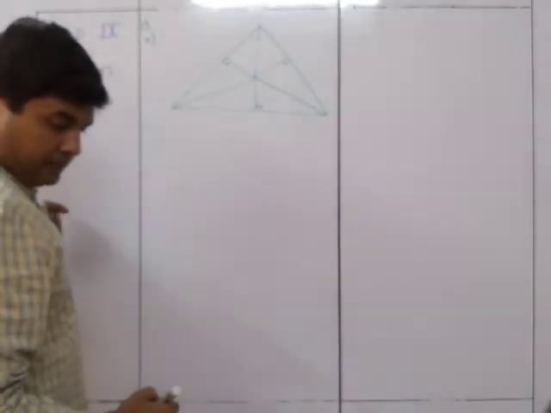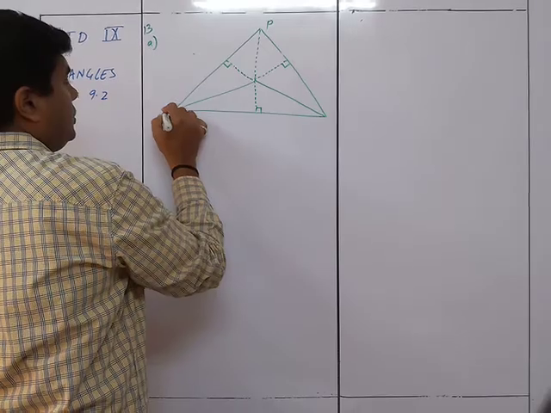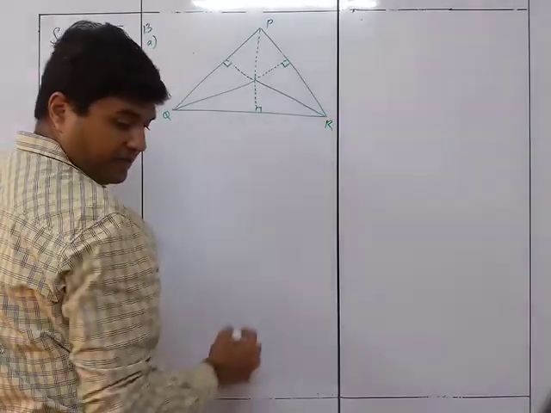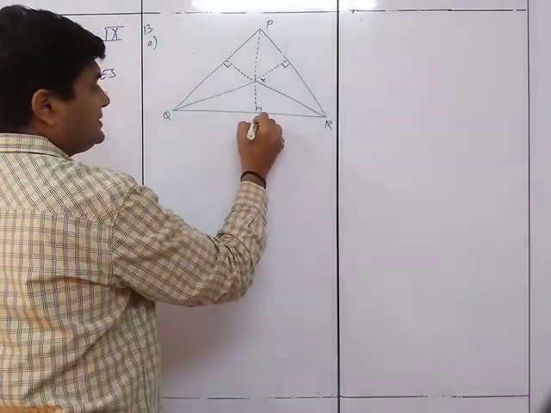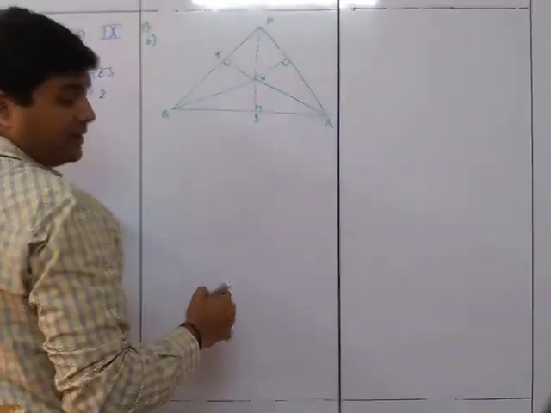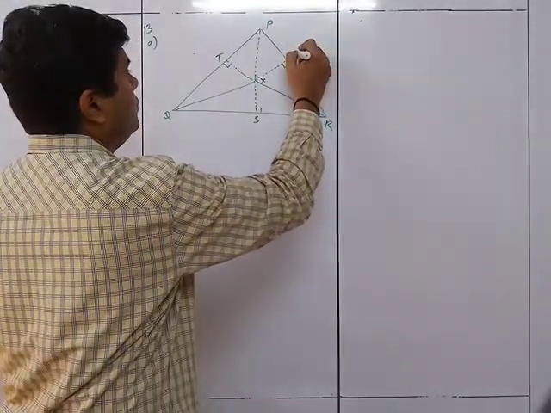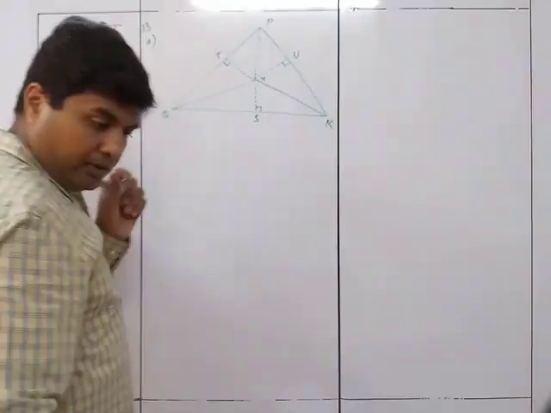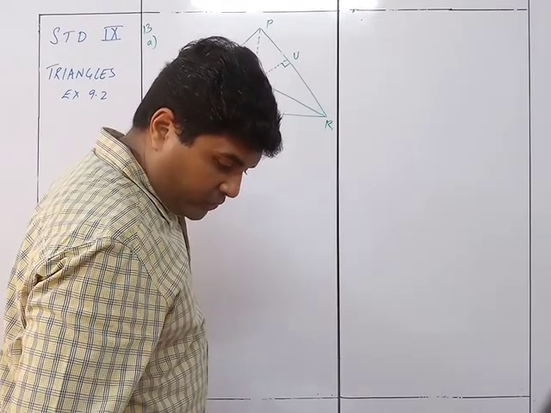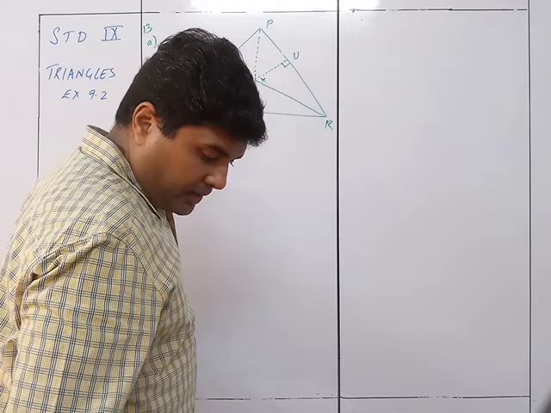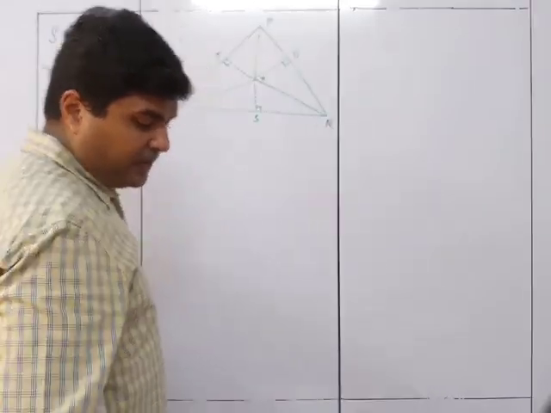Okay, here we have triangle PQR, with S, the midpoint of QR, and T, and we can have one more point here, U. What is given to you is that RX and QX are bisectors of angle PRQ and angle PQR.